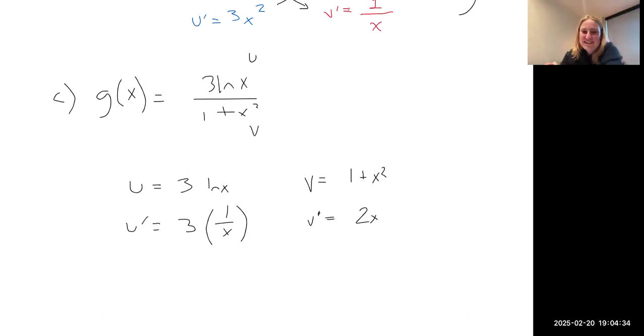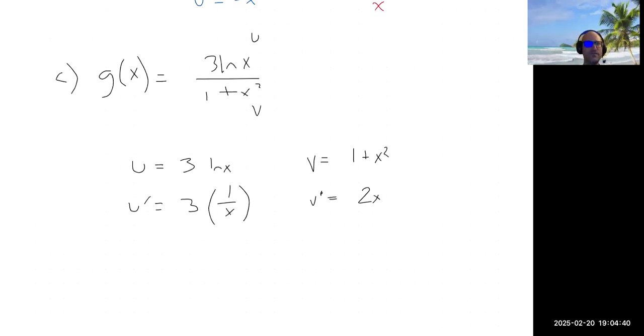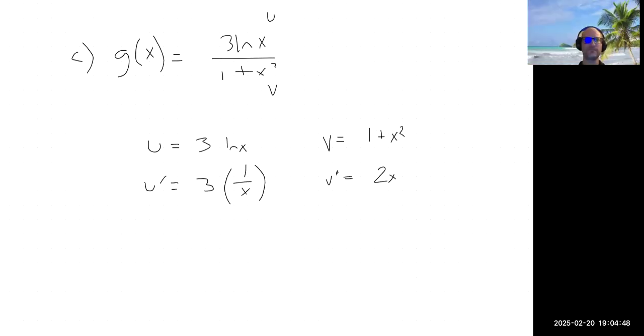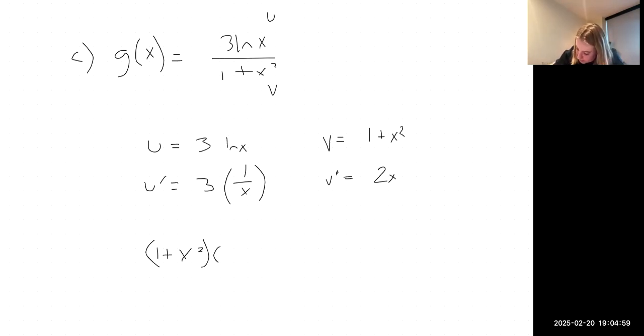Right. So we've got now the quotient rule to apply. And do you recall what that formula was? That was low d high, minus high d low, over denominator squared. Okay. So that is low, 1 plus x squared, parentheses, derivative of high, so derivative of u, which was 3 over x.